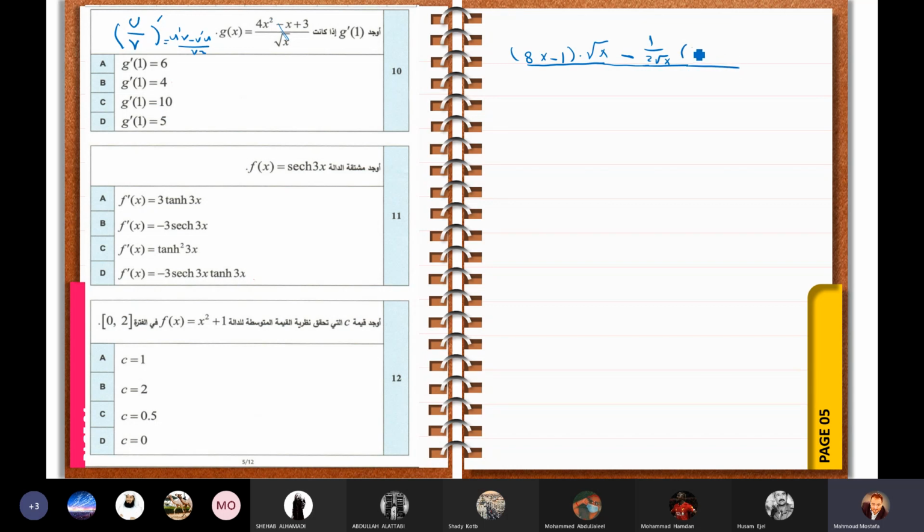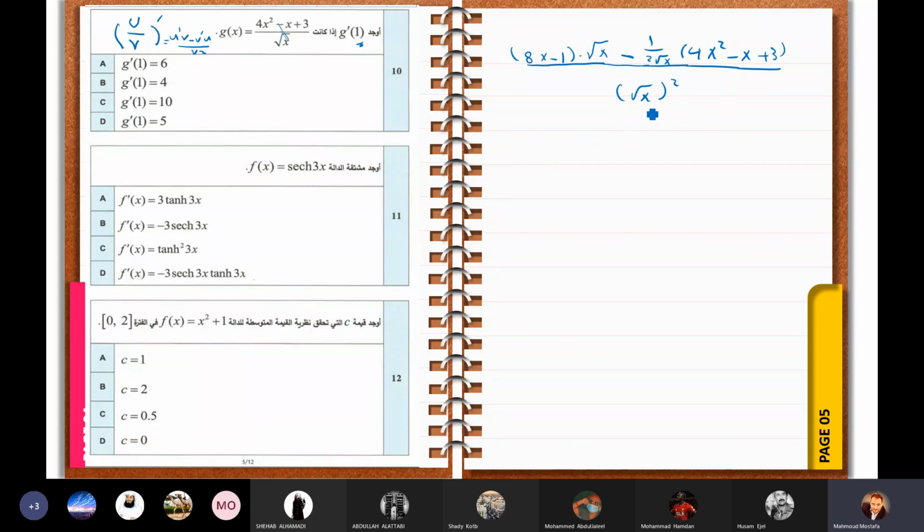multiplied by 4x squared minus x plus 3, over the square root of x squared, which of course is x. Here is my advice: don't simplify. Why? Because we have a number here, 1. Substitute by 1, it will be easy. I will put x equal to 1: 8 multiplied by 1 minus 1 is 7, multiplied by 1, still 7, and so on.